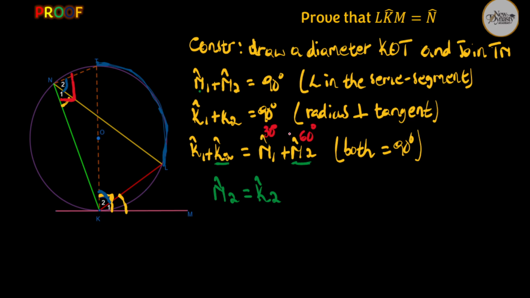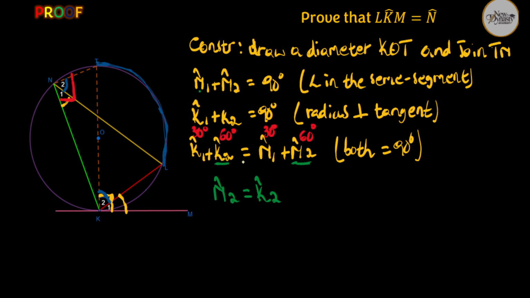N1 plus N2 is 90 degrees. So if N2 is 60, and I just chose 60, I'm not saying that N2 is 60, it makes N1 to be 30 because 30 plus 60 is 90 degrees. So because we're saying that N2 is equal to K2, it means K2 also should be 60 degrees. So if K2 is 60 degrees, and we said that K2 plus K1 is 90 degrees, it means K1 should be 30 degrees. Now, can you see that now?